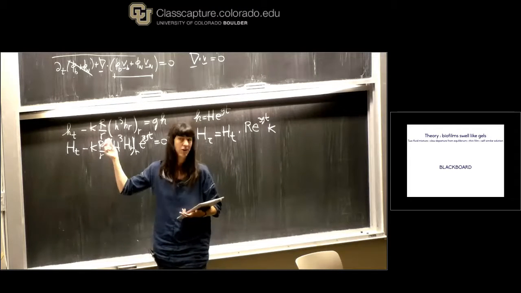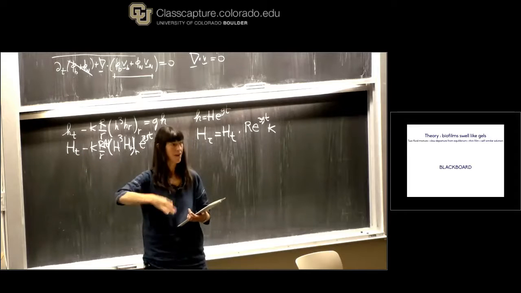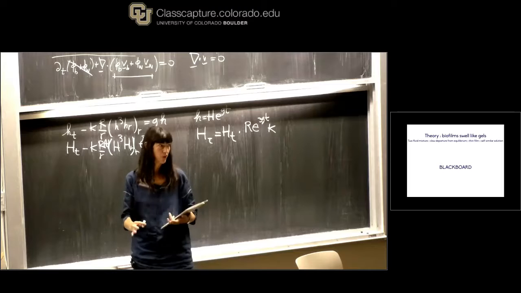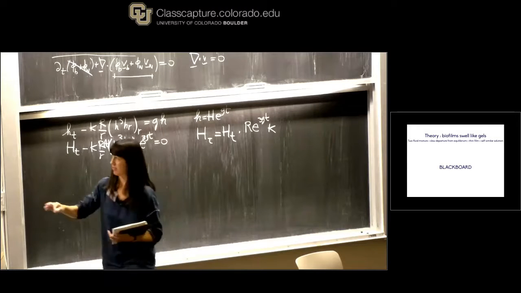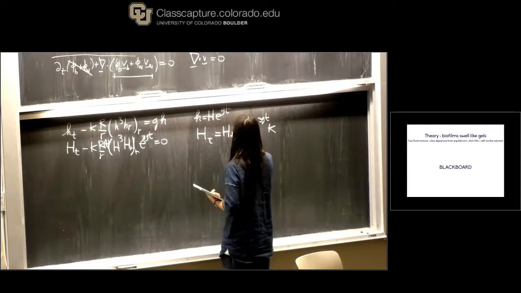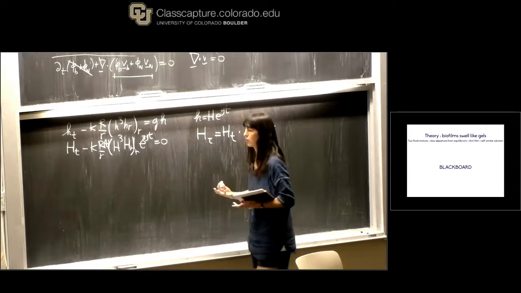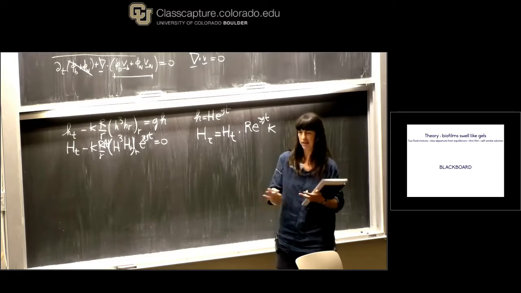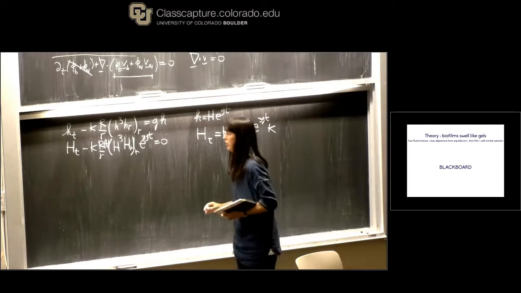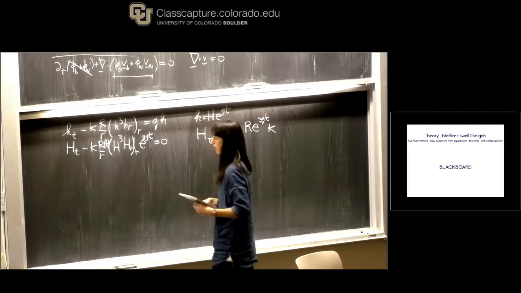Because R depends on H. But we're going to make an argument that gets us out of that. So given H, you have R, and now the trick will be to try and decouple the time and space dependencies so that we'll get a solution for both R and H.